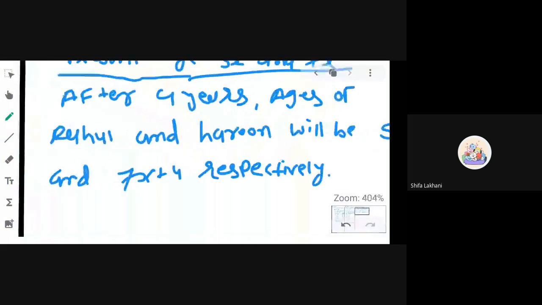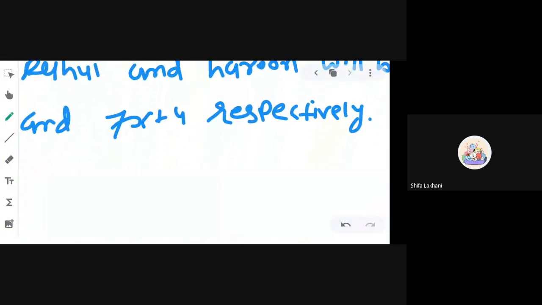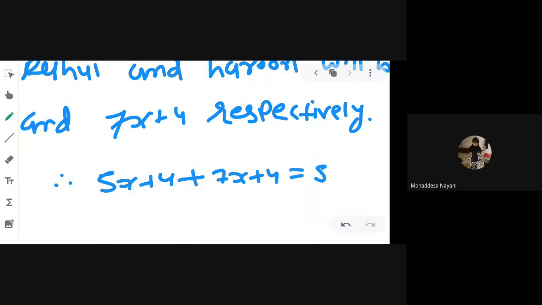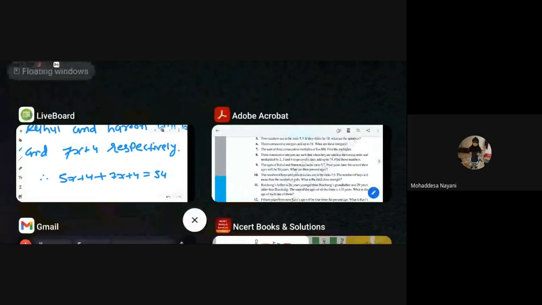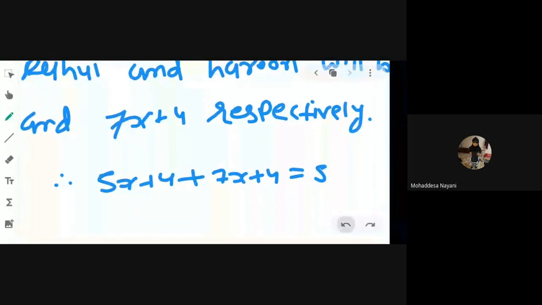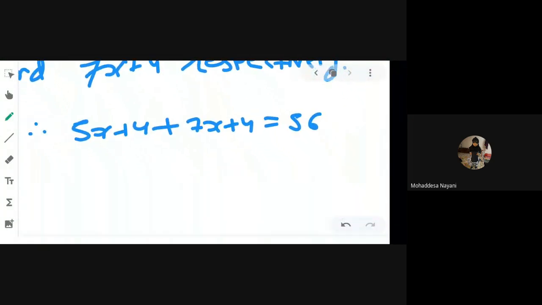So the sum of these two ages, 5x plus 4 and 7x plus 4, is 56 years. Clear all of you? The sum of these two ages after 4 years is 56.